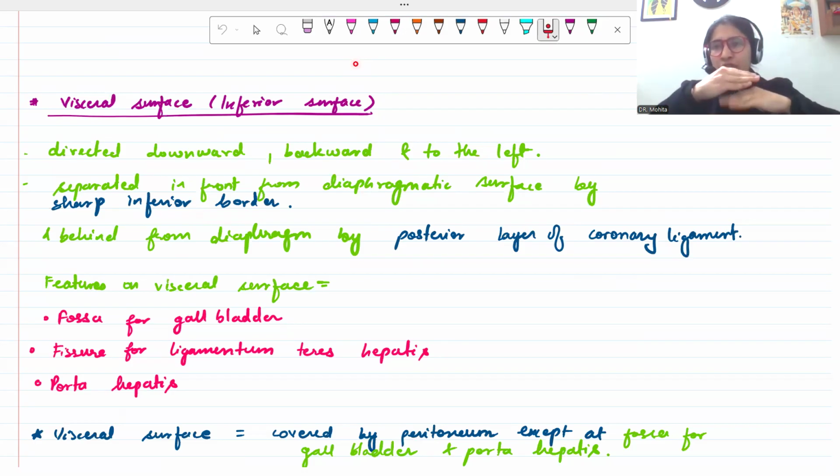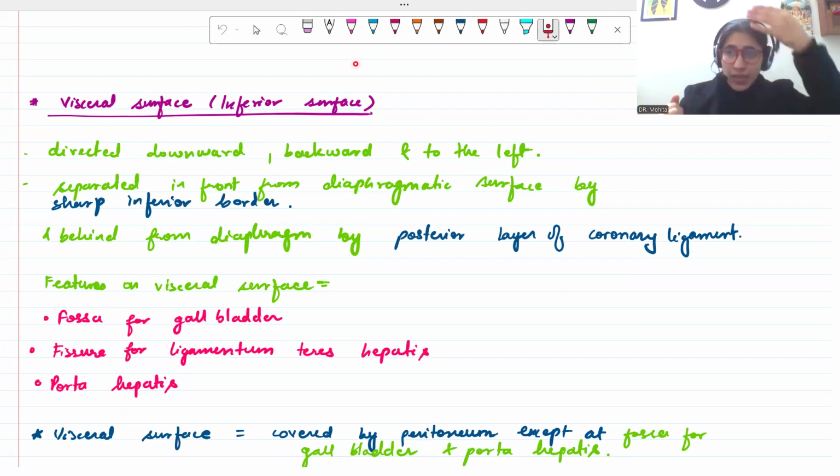Here we have inferior surface. So it is separated from the diaphragm or the anterior surface of the liver by this sharp inferior border. I already told you inferior border is sharp. तो जब हम स्पेसिमेन में भी देखते हैं, it is a very sharp border which demarcates the anterior border and inferior border. दोनों के बीच में एक डिमार्केशन है.